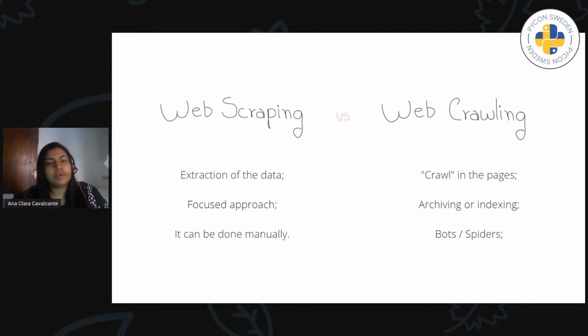Let's say you have data on a website, like sports stats or music names from a list, and you need to grab it and store it in a JSON file. Here you could use web scraping. Also, web scraping has a really focused approach, so it seeks to extract specific data from a specific data set.